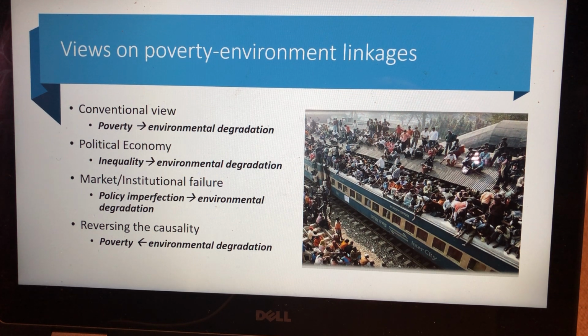But if we look at rich communities in developed nations, we are now talking in terms of industries. How much electricity is used, right?